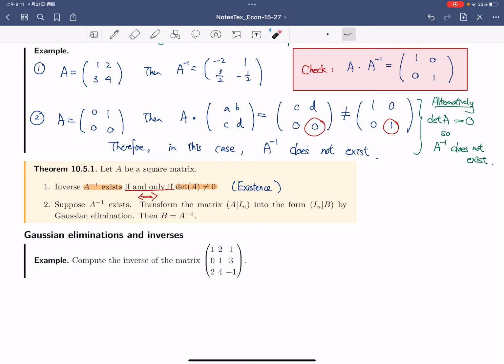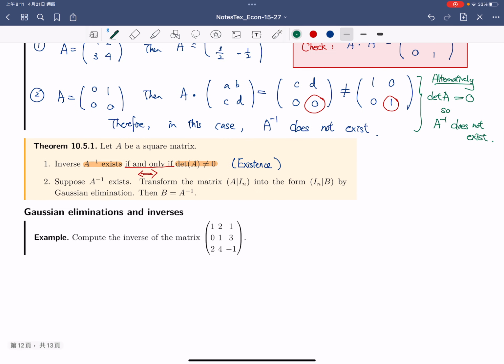But the more interesting part is the second part, that is, how to find the inverse of a matrix. The way to do it is by Gaussian elimination. It's kind of funny. It's not obvious why this works, but because this is not a theory course, I can't go through the theory with you. Otherwise, it would take a few weeks.